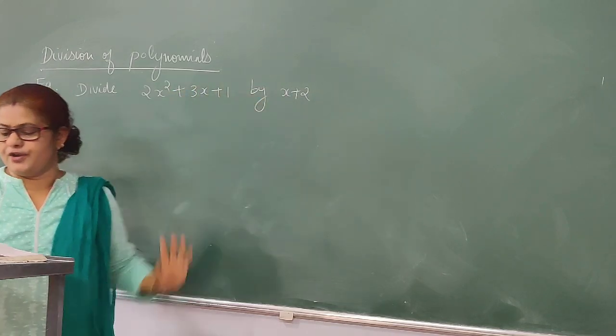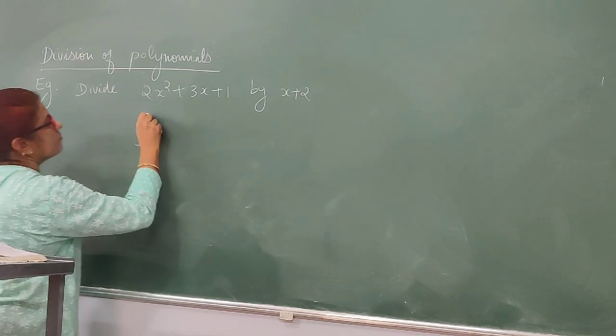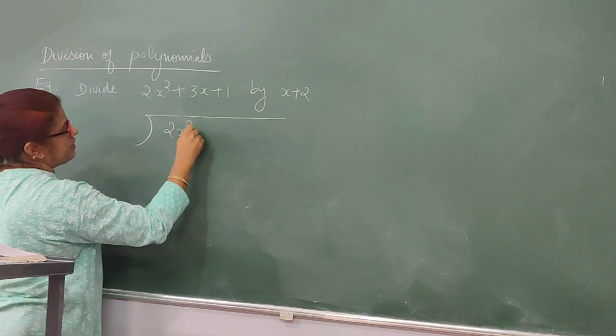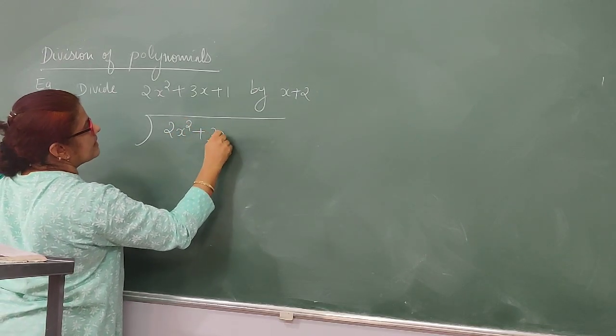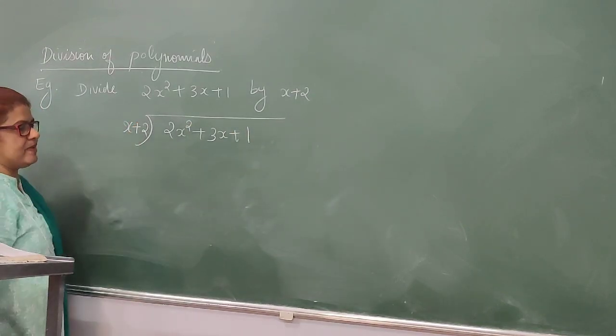Divide these two polynomials, and for that we use the long division method. The dividend is 2x square plus 3x plus 1, and the divisor here is x plus 2.